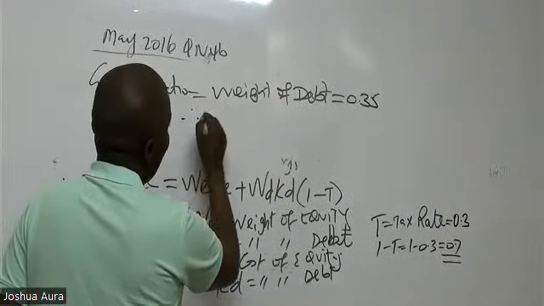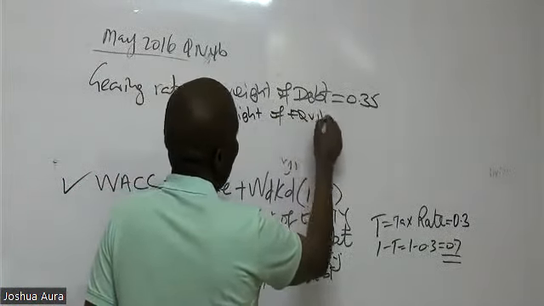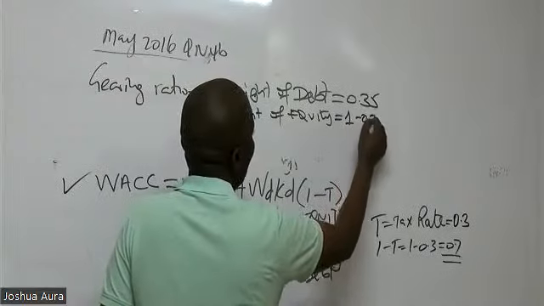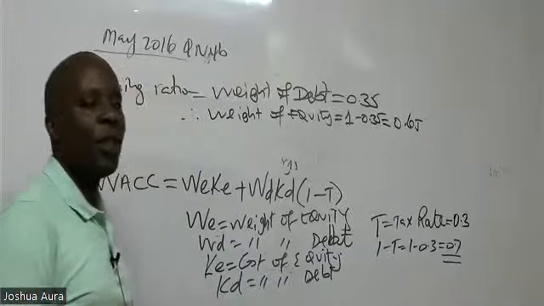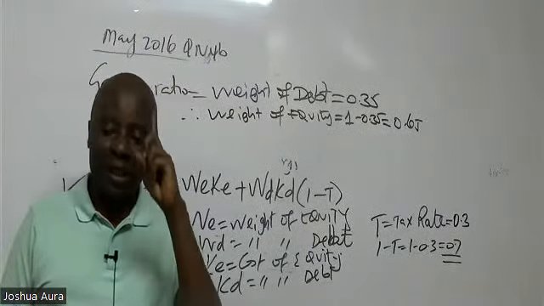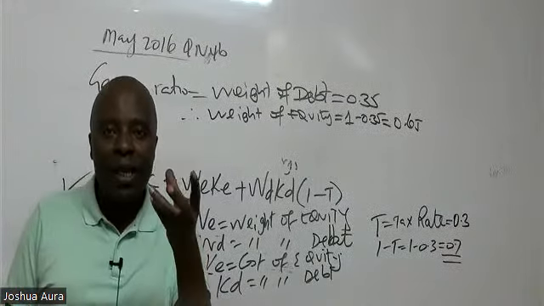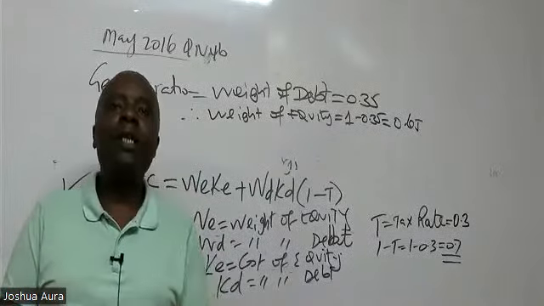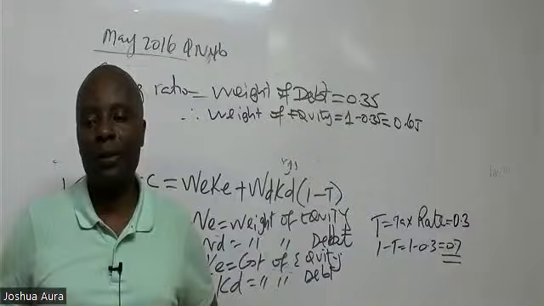Therefore, weight of equity will be 1 minus 0.35, which will be 0.65. I mean, the two are mutually exhaustive. When you add the two, they must always add up to 1. Once you tell me one component, getting the other component is as easy as a walk in the park.